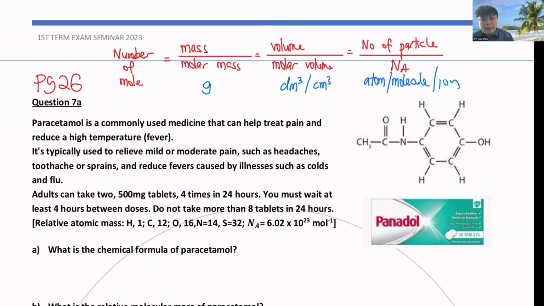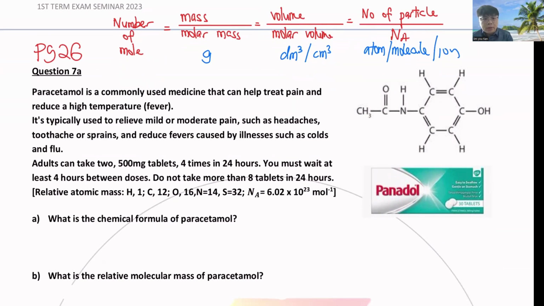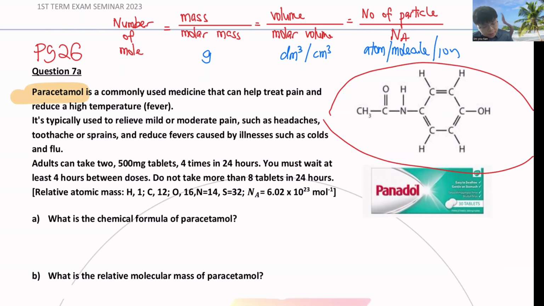Now, one type of question is where they're going to give you a structure. Regardless of what the chemical is, they give all sorts of weird chemicals. This one is your Panadol, paracetamol. Based on this paracetamol, they'll ask you to give the chemical formula.